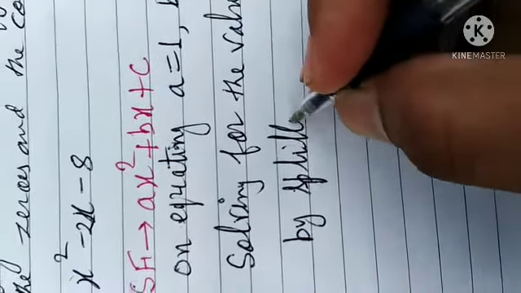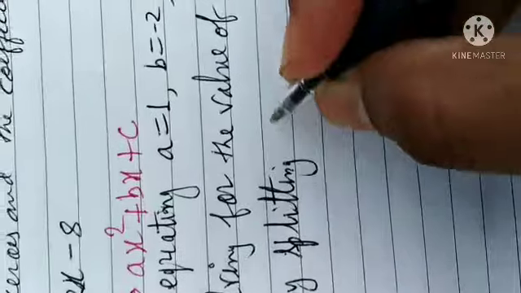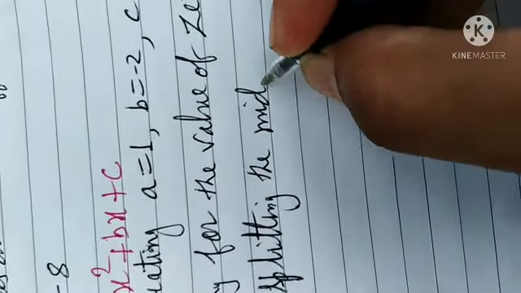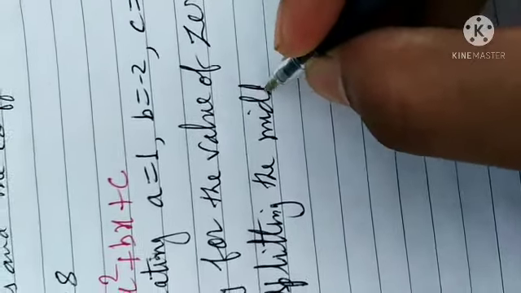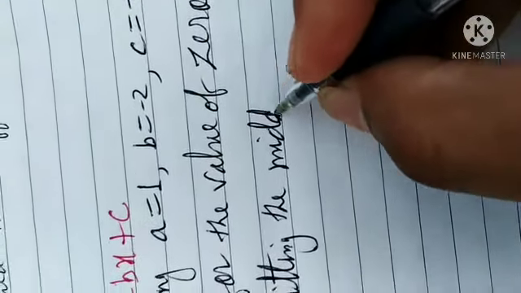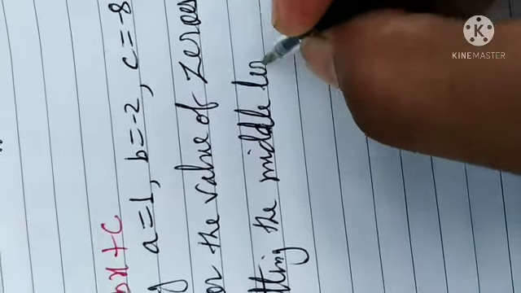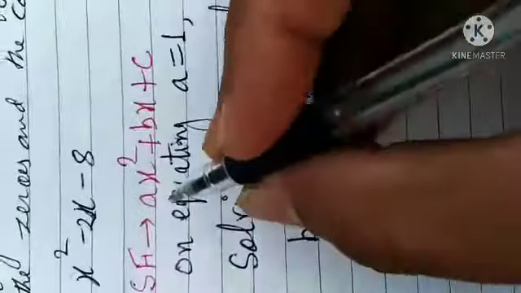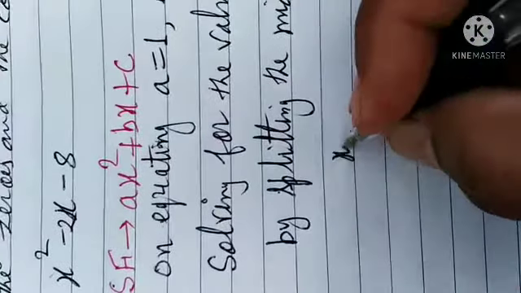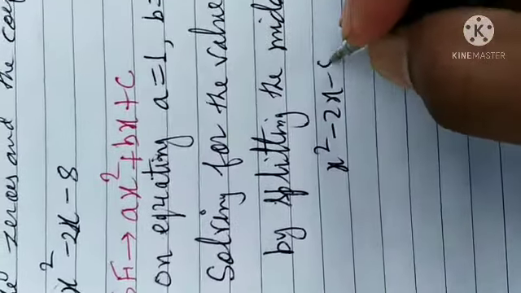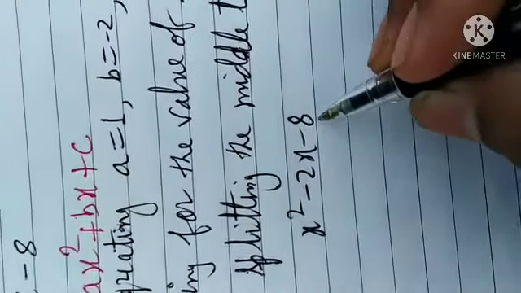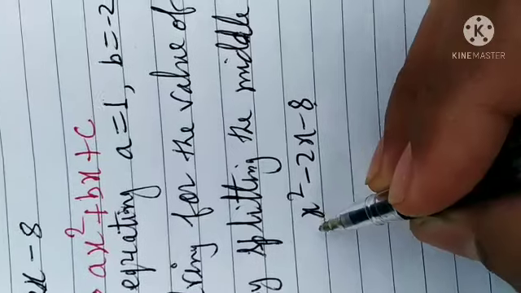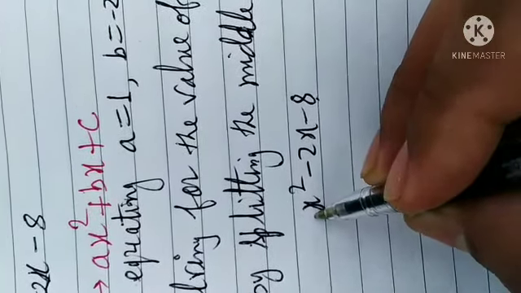By splitting the middle term. So write here x square minus 2x minus 8. Now what is the rule? See the last number, this constant term, and the coefficient of x square.